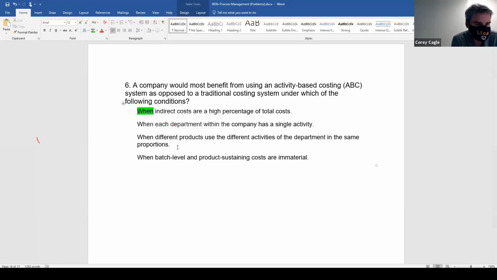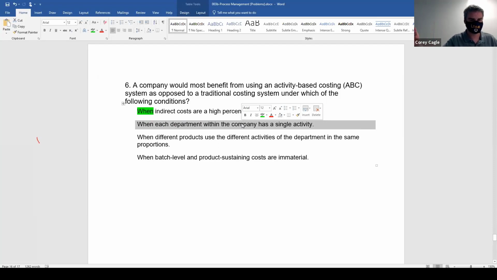B says when each department within the company has a single activity. No, you need a basic and a deluxe for activity-based costing to work, right? Kind of the way we've simplified that. If there's a single thing going on, there's no point in figuring out different drivers. There's no different activities to deal with. C says when different products use the different activities of the department in the same proportions.